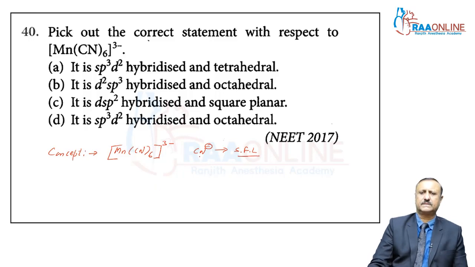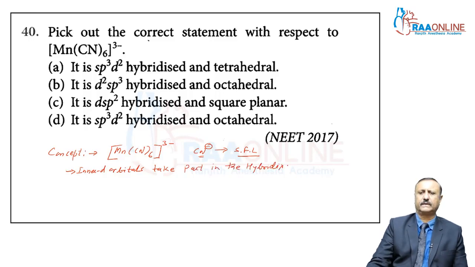So these ligands repel the electrons strongly. So the outermost d orbital pairing starts, and my dear students, when pairing is done, then inner d orbitals take part in the hybridization.